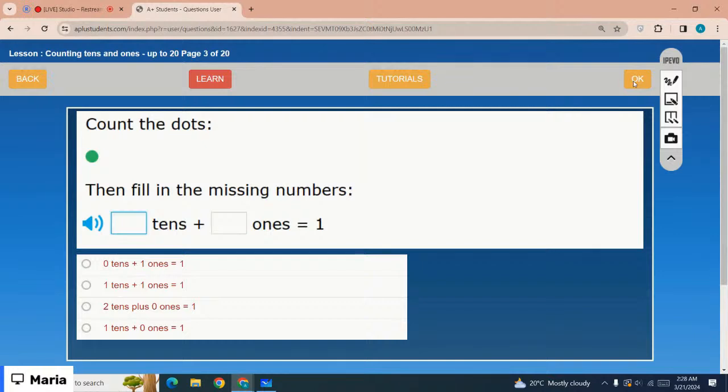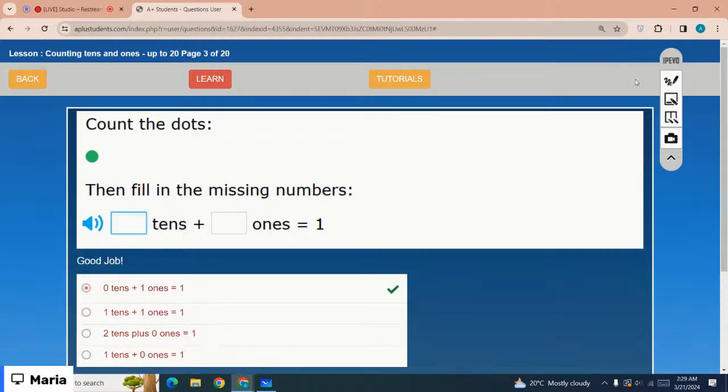The correct option is only 1 ones. The correct option is 0 tens and 1 ones, right?